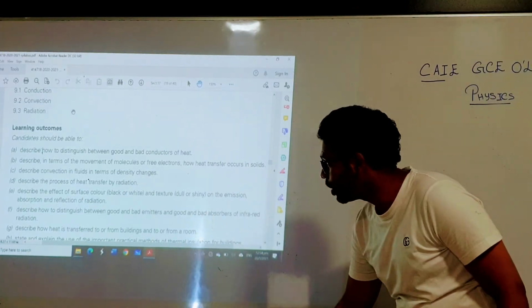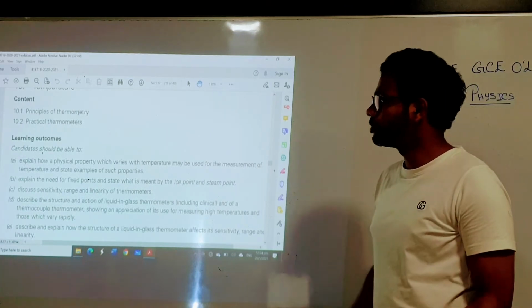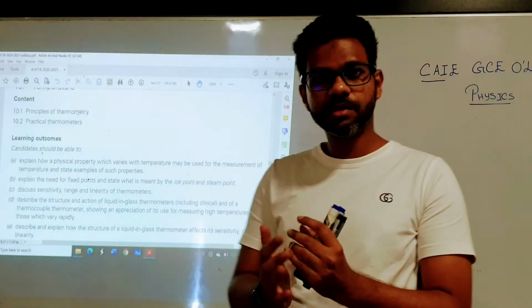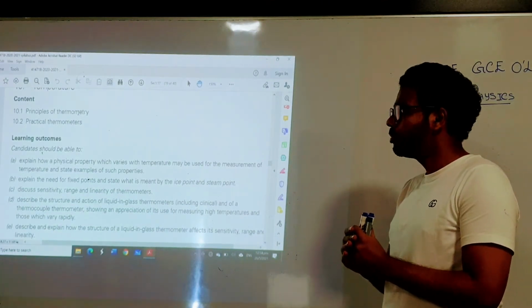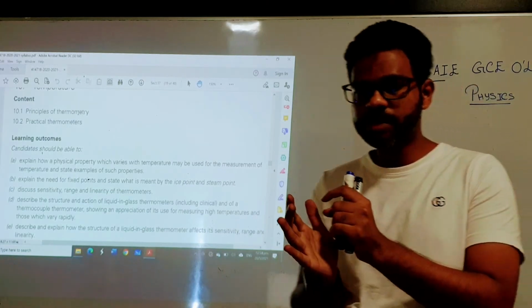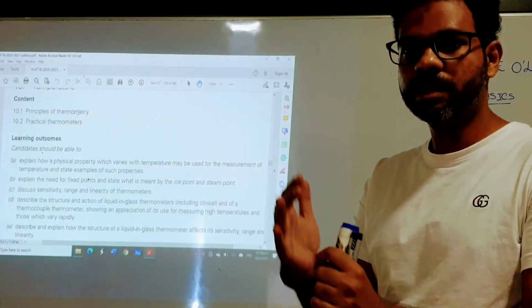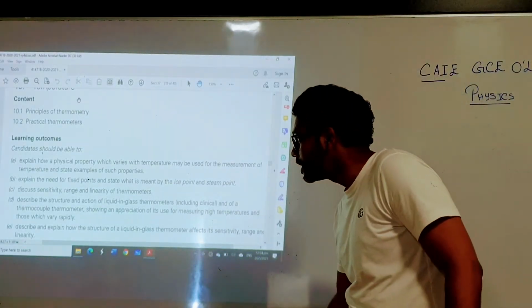Once you're done with this one, here you have a new thing, principles of thermometry, practical thermometers. This is something you have to go through very point-wise. There are a lot of theories here, a lot of comparisons between mercury thermometer, alcohol thermometer. A few of the definitions are very important.